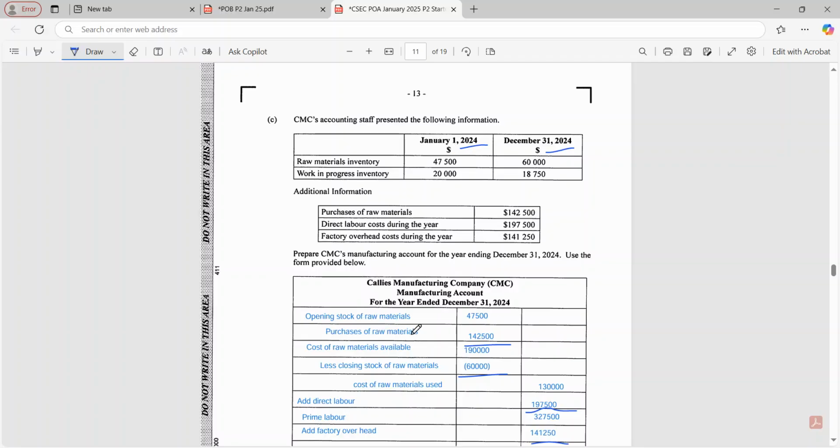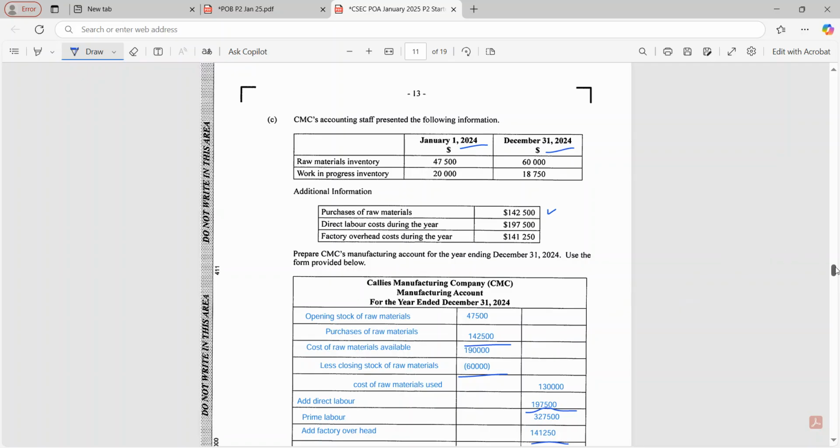We're going to look for purchases of raw material, which we got here, and that becomes 142,500. When you add these two figures together, you get 190,000, and that is the cost of raw materials available. Then you're going to less your closing stock, which is the $60,000 up here. And that will give you $130,000, which is the cost of the total raw materials that we used up.